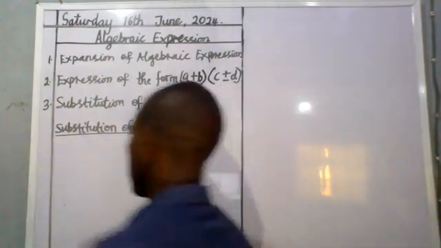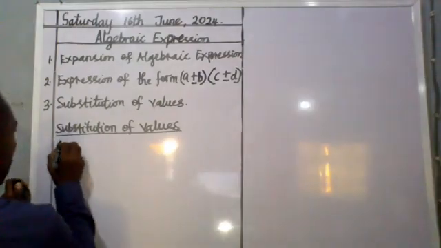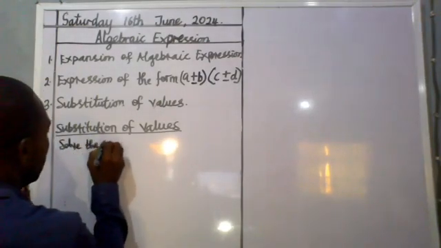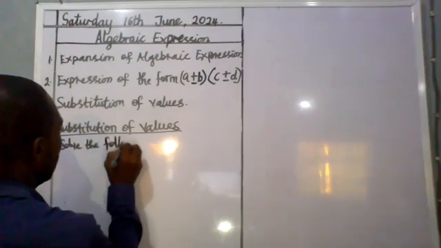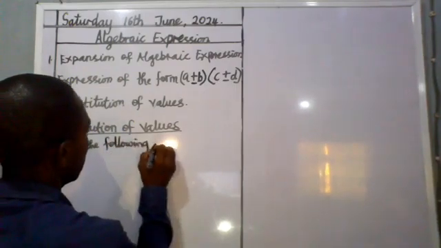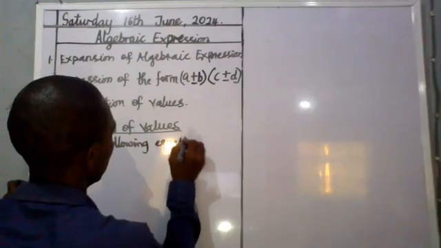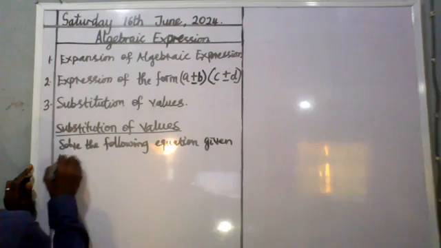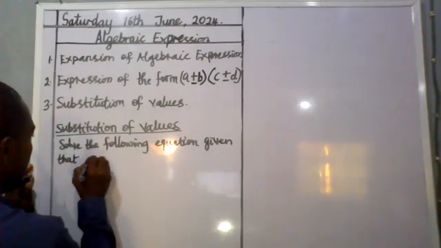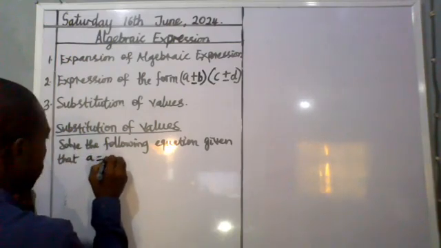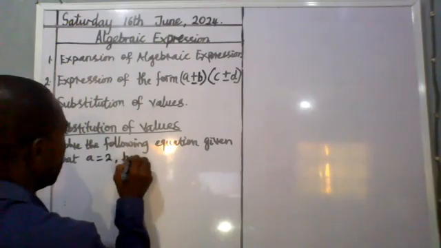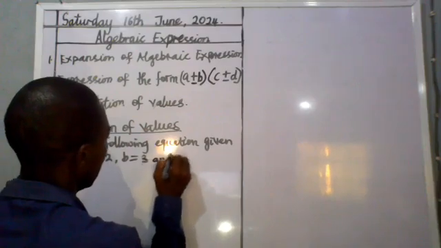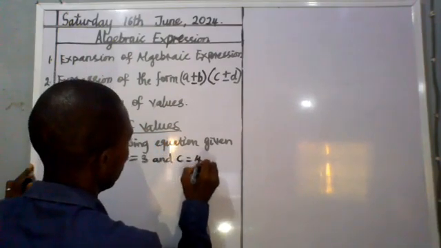Say for example, solve the following equation given that a is equal to 2, b is equal to 3, and c is equal to 4.